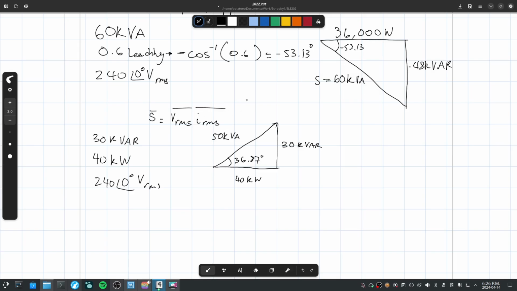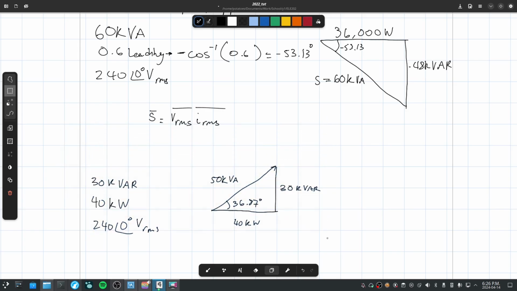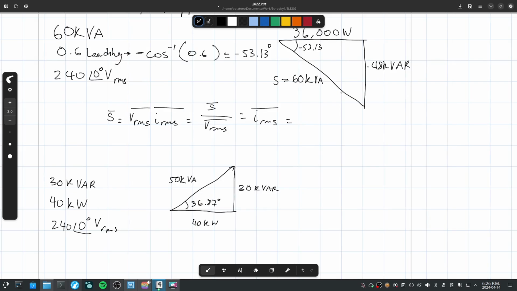We can find IRMS. So this becomes S divided by VRMS is equal to IRMS. So do that in your calculator. You get 60,000 divided by a voltage of 240 is equal to 250.